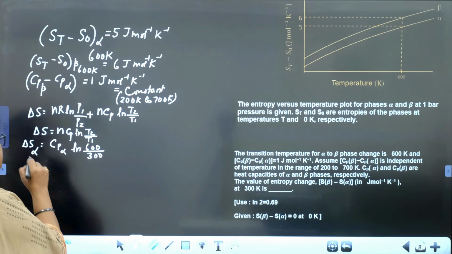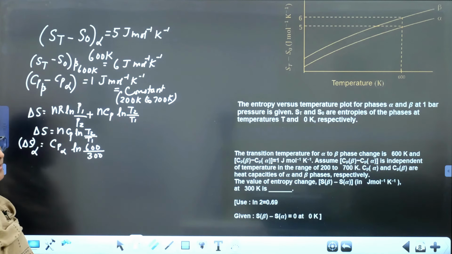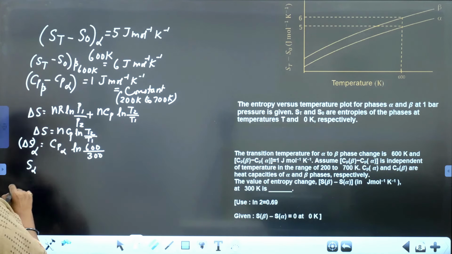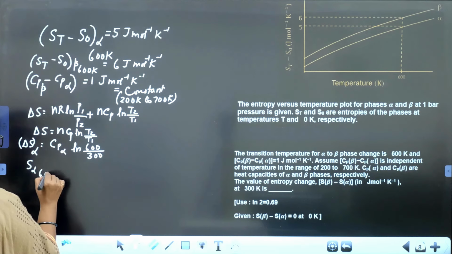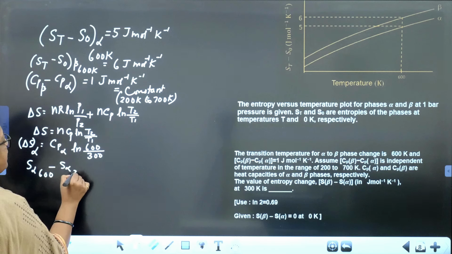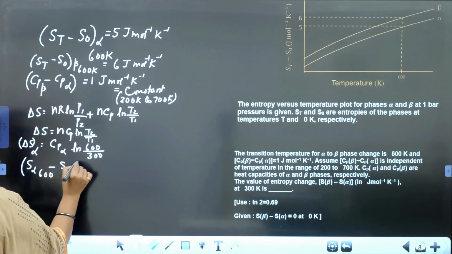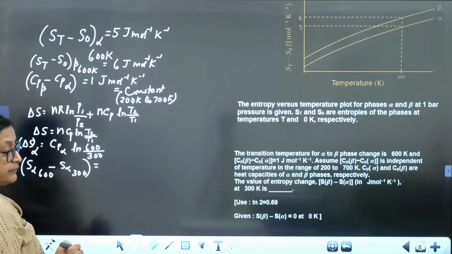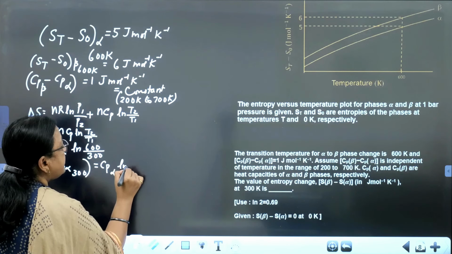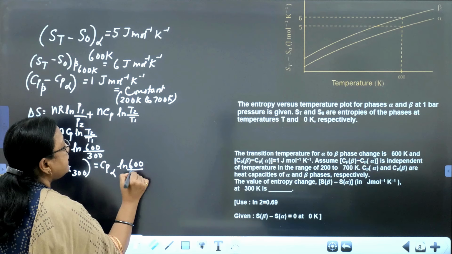What is this delta S of alpha? S alpha at 600 Kelvin minus S alpha at 300 Kelvin is equal to Cp alpha ln 600 by 300.